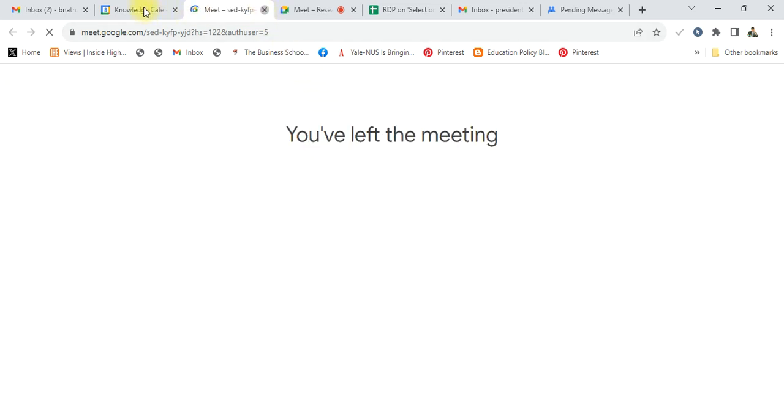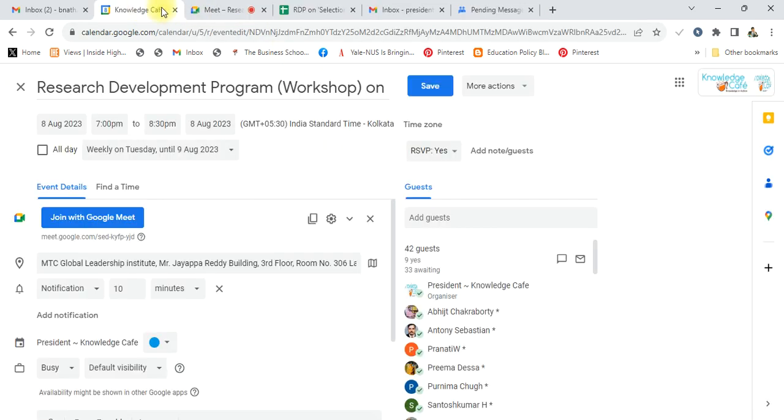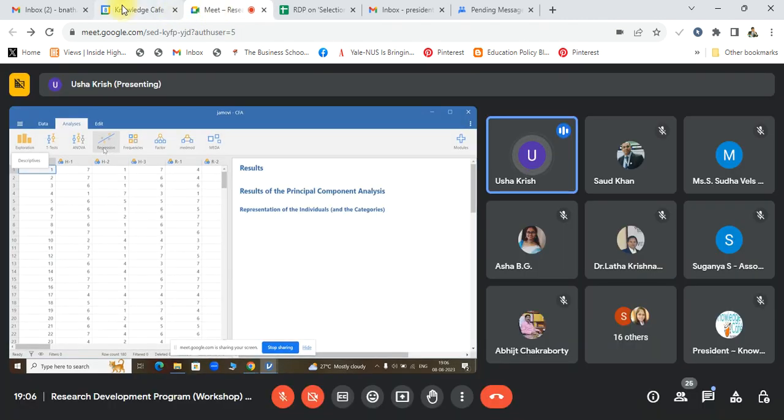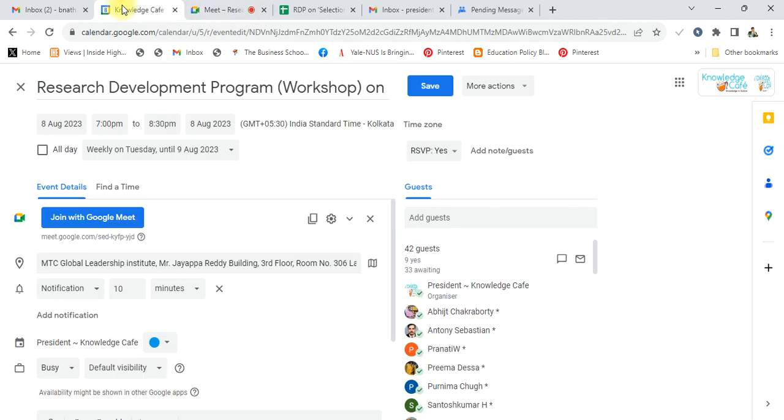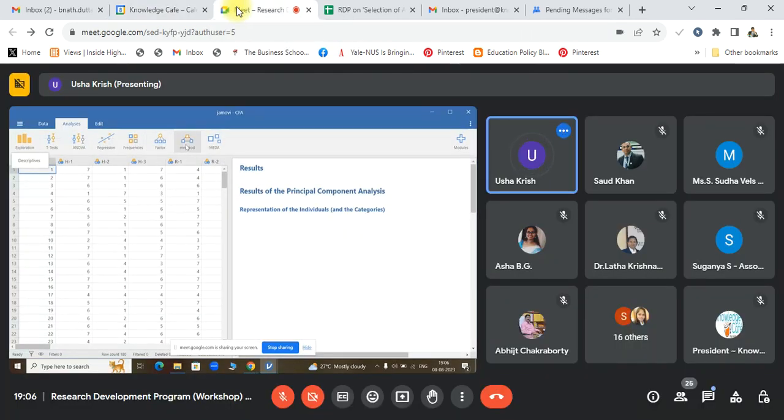Then if you want to do ANOVA, you should click on this. If you want to do regression analysis, here you can see the tab. If you want to do reliability test or factor analysis, this tab. Mediation analysis or moderation analysis, you can use this tab.